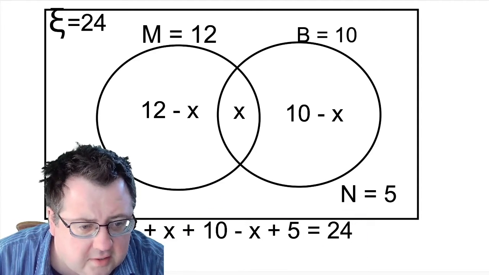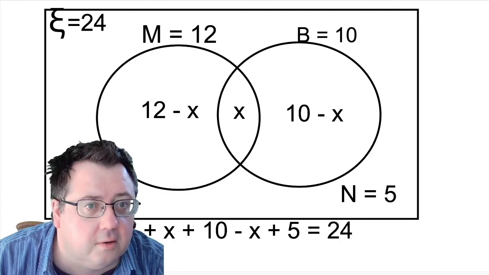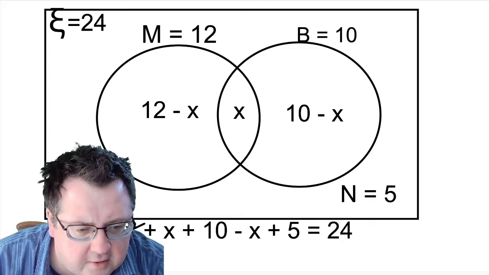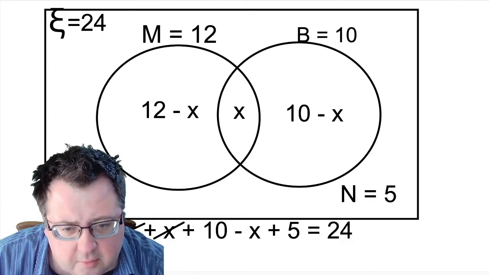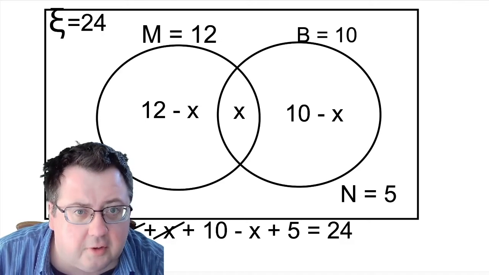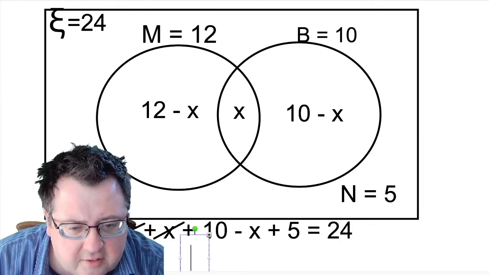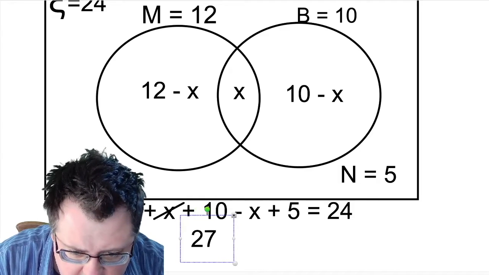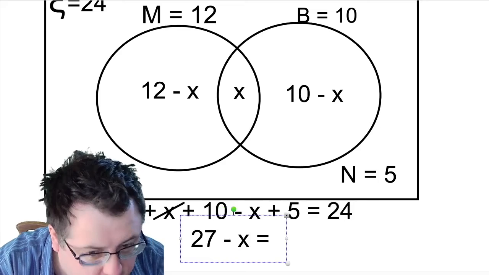Well, x minus x plus x will cancel out. So let me get a line. This will cancel with this. And I've then got to subtract x on its own. But let's have a look at what we've got in terms of numbers. So 12 plus 10 is 22, plus 5 is 27. 27 minus x is 24.